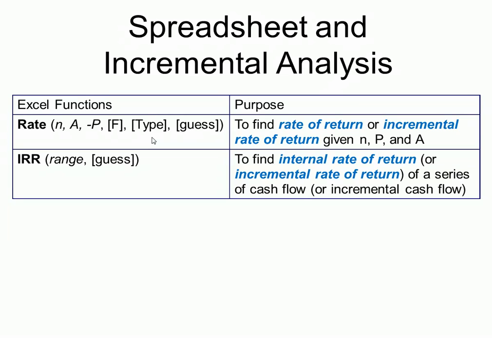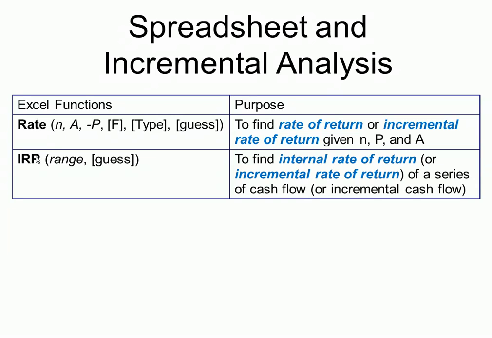And by default, it's the end of the period assumption. And the guess is some numerical value because, as we discussed in some of the previous chapters, there could be multiple rate of return values. And so the guess is where you would initialize Excel to start looking for the solution or the root.